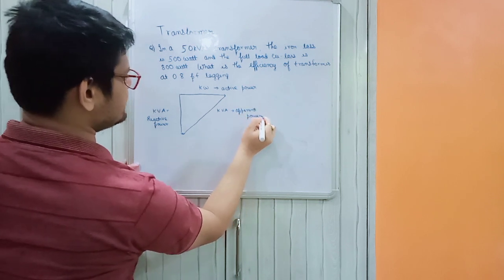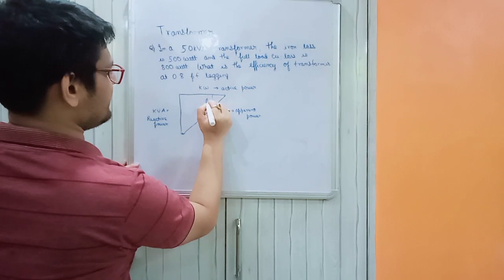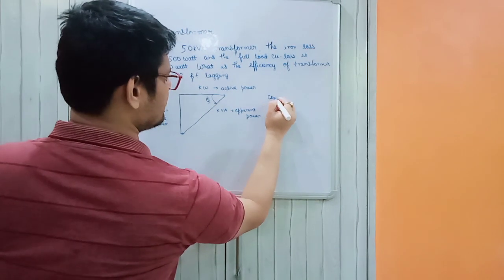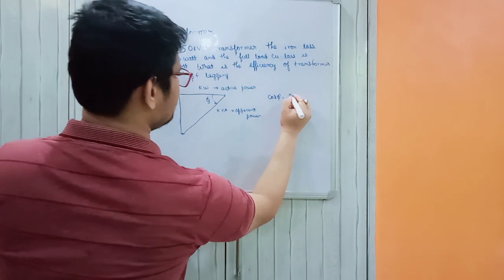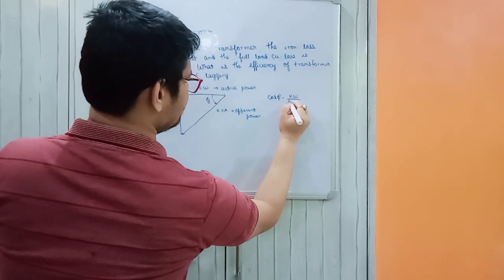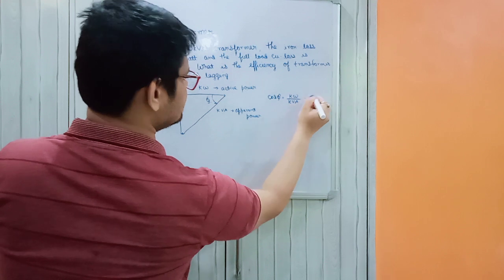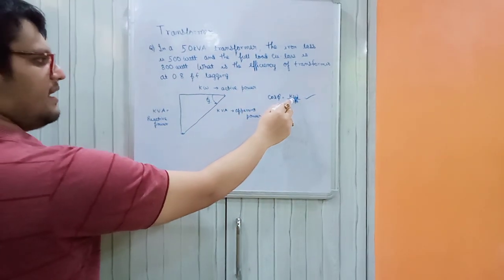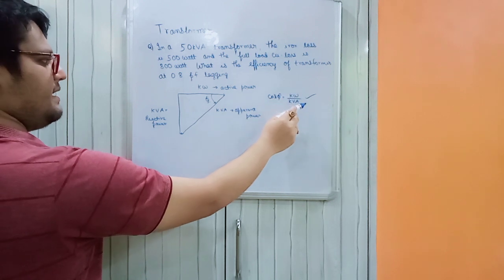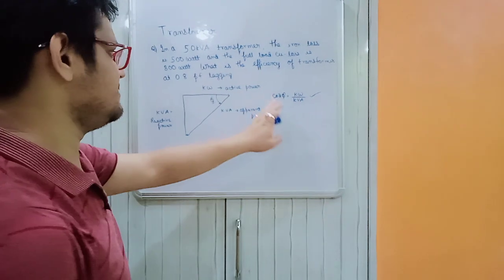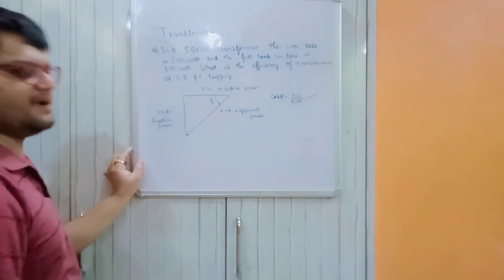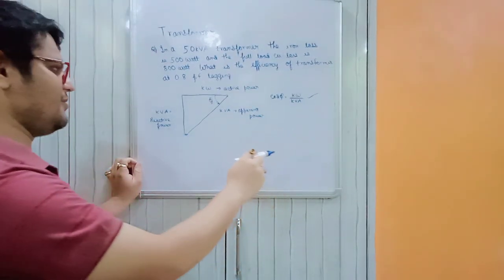And this is the angle, cos phi. Cos phi is equal to kW by kVA. This is a very important equation: cos phi, the power factor, is equal to active power by apparent power. This is very important for semester exams as well as competitions for electrical engineering and energy management.